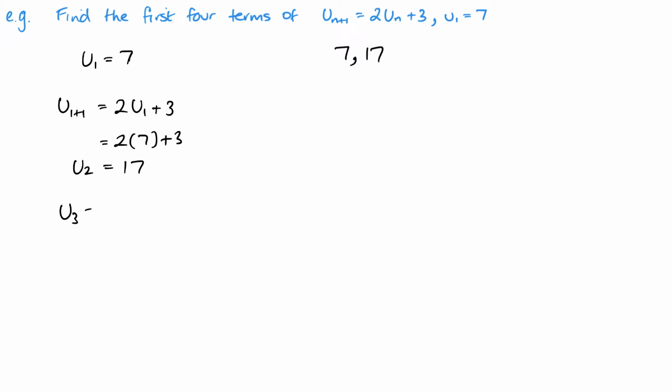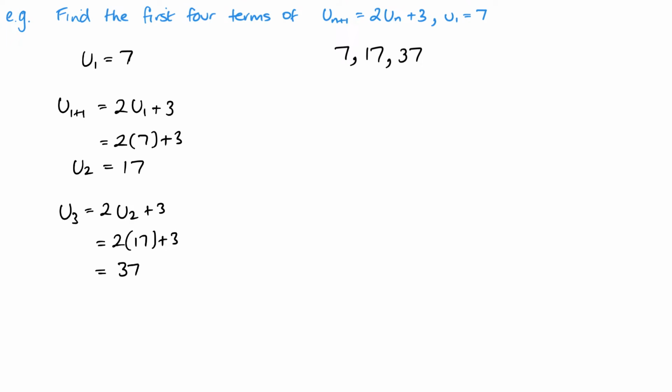I'm just going to pop it in now as u 3 rather than the 2 plus 1. So that's 2 times u 2 plus 3. So we've got 2 lots of 17 plus 3. 2 17s are 34, so this is 37.